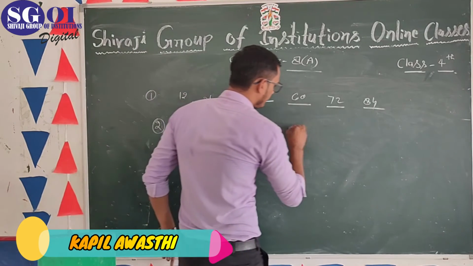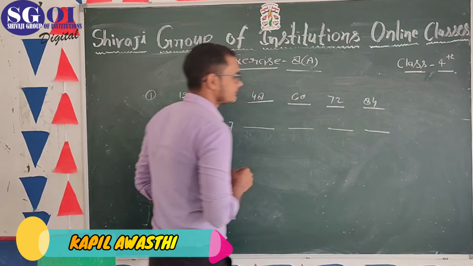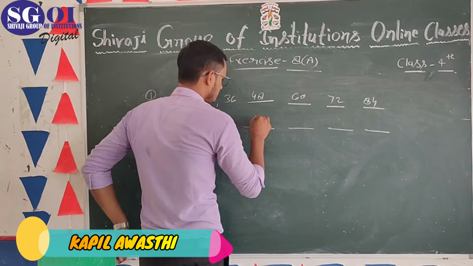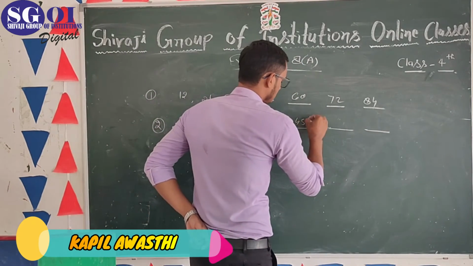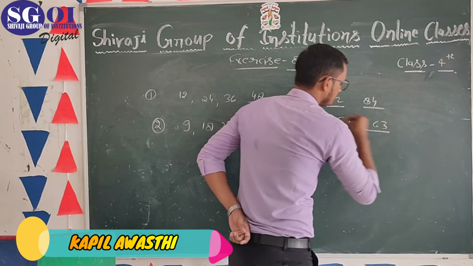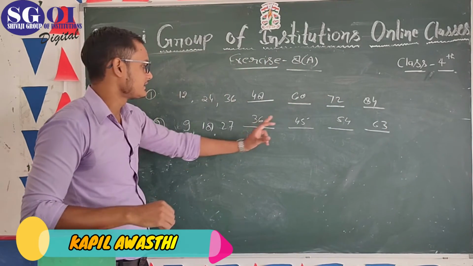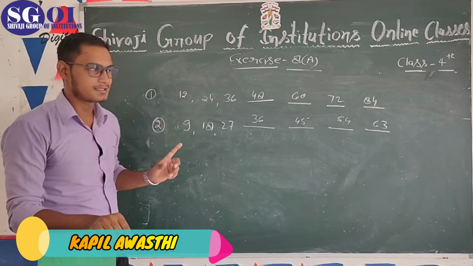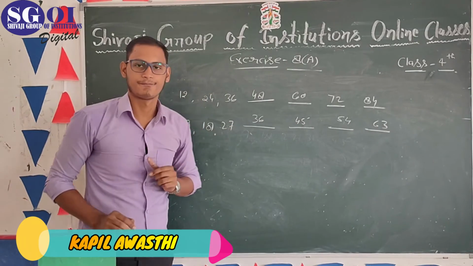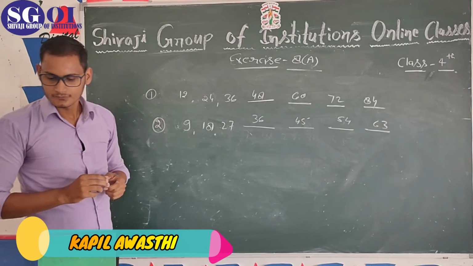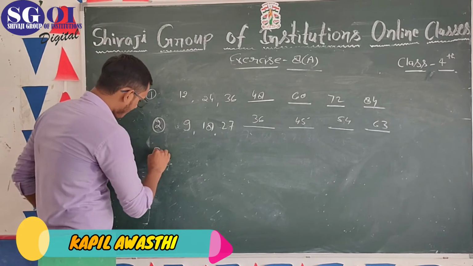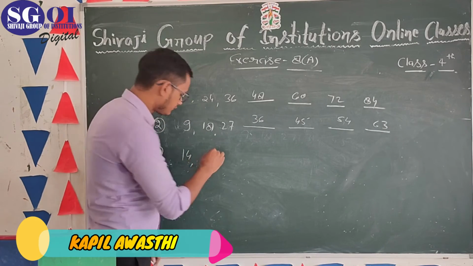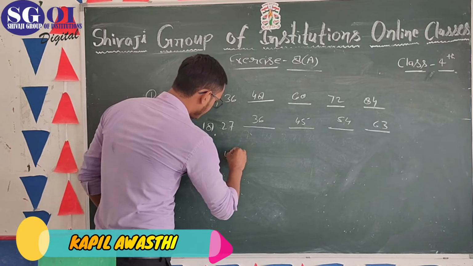Next, question number 2. Find the next 4 multiples of 9, 18 and 27. 36, 45, 54 and 63 are the next 4 multiples of 9. Okay. Question number 3. 14, 28, 42.